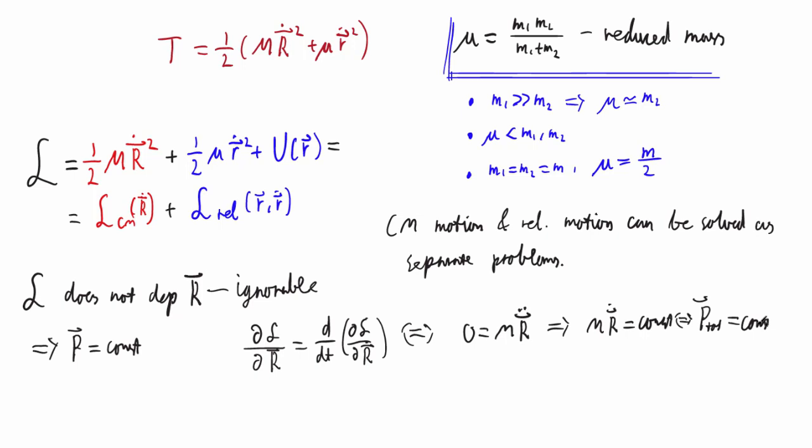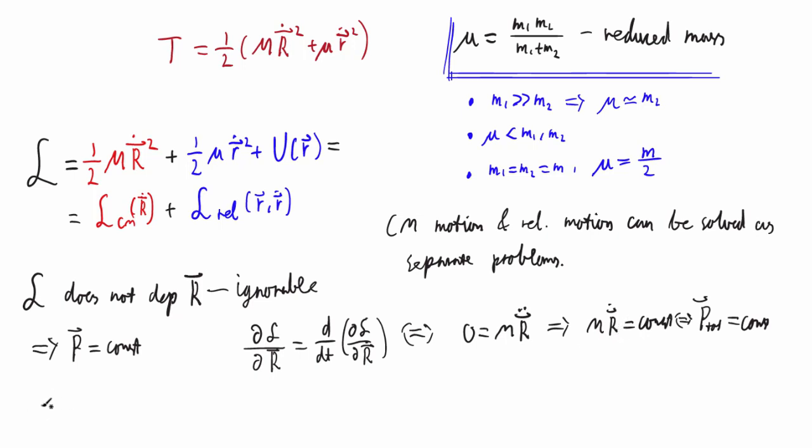Now, because of this, because the center of mass is moving with a constant velocity, we can change frames to the center of mass frame. That's going to be an inertial frame, again, because there's no acceleration in the center of mass.